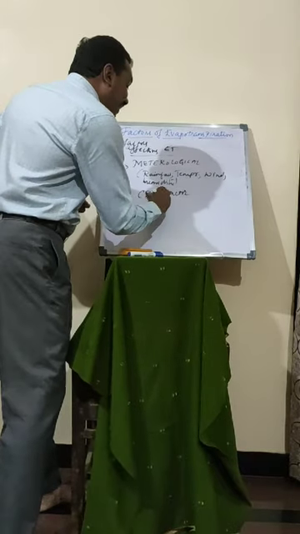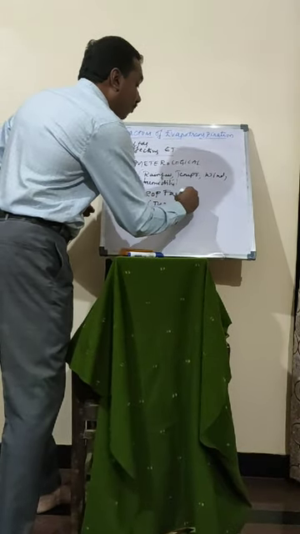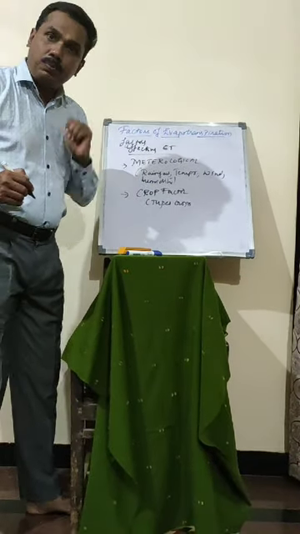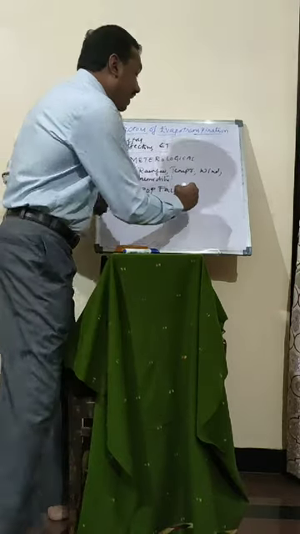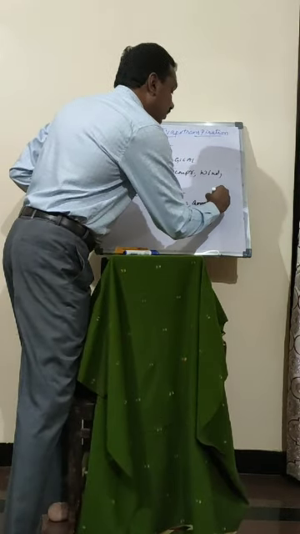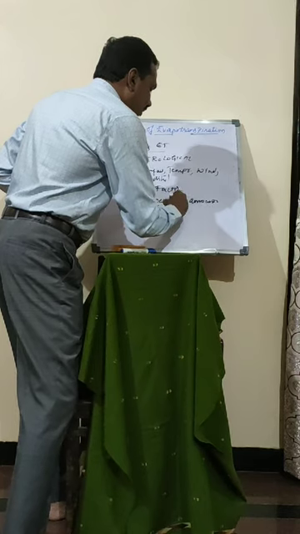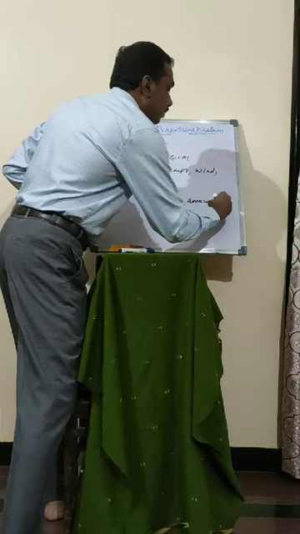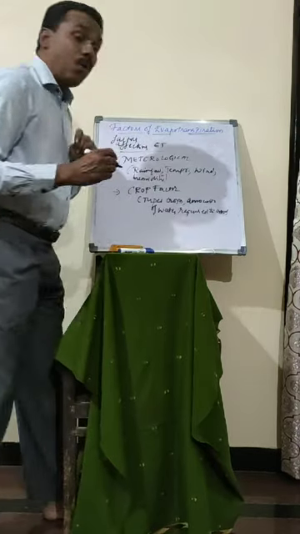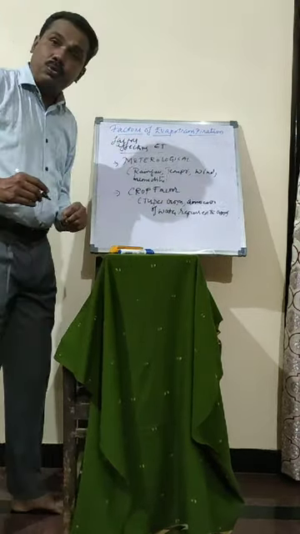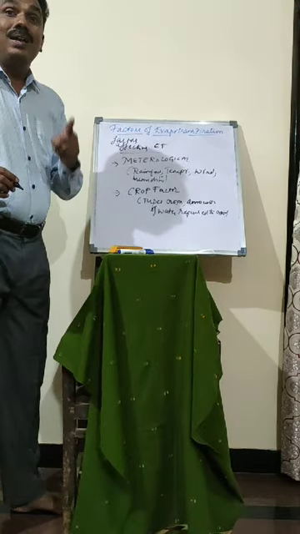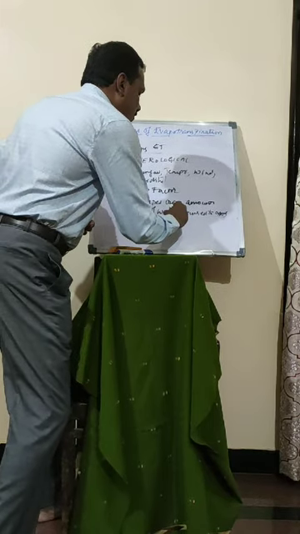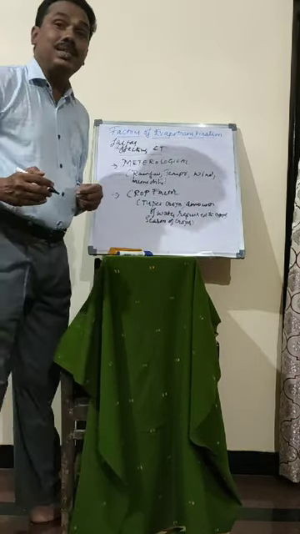Next one is crop factor. It means the types of crops being grown in the particular season, the amount of water required by the crops, and also it depends on the season of the crops.